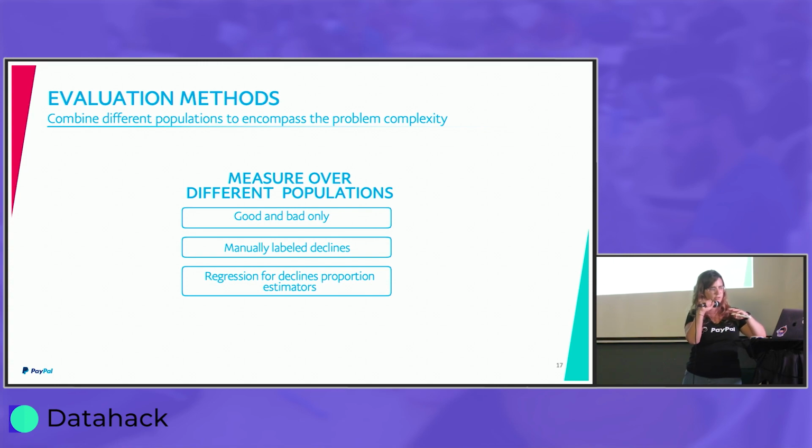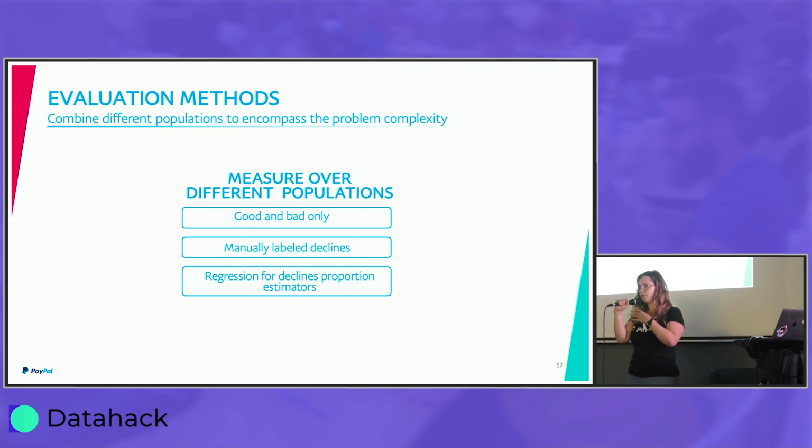So in order to have another view over the client's population, over a bigger population, we can look at the problem as a regression problem instead of a classification problem. In this regression problem, we would try to predict 0 for the good cases, 1 for the bad cases, and for the declines cases, we would predict their proportion estimator, their probability to be bad.